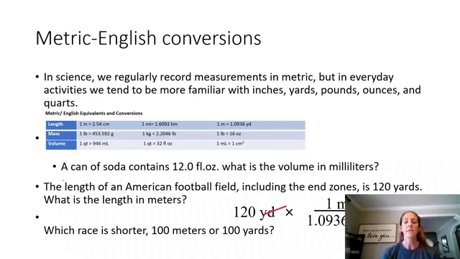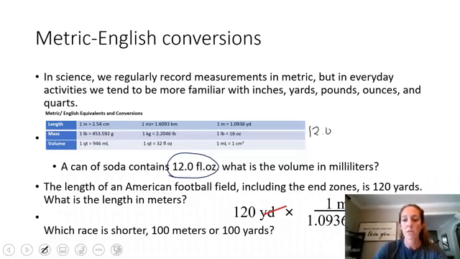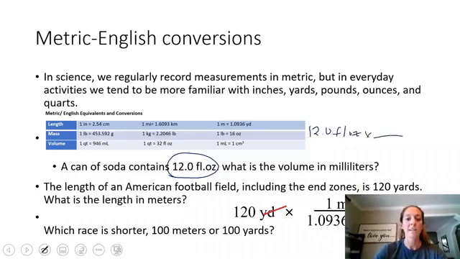So if I said, how would I convert, given that I have 12 fluid ounces, what is that volume in milliliters? I'm going to set it up the same way, and I'm going to start with what I'm given, 12.0 fluid ounces. What do I want?